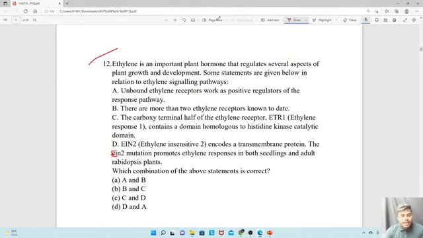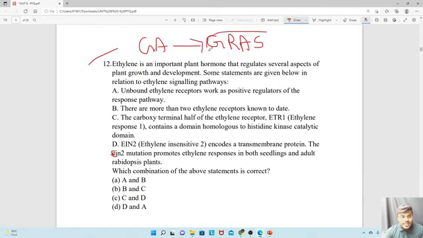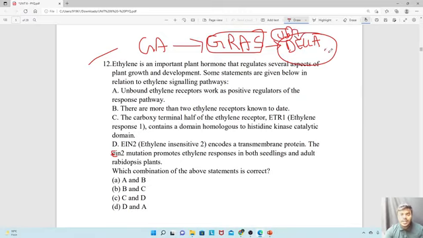Someone asked, Priya, GRAS is the protein which is activated by the gibberellic acid. Once the GRAS protein gets activated, GRAS protein will stimulate the ubiquitin system. Then ubiquitin will come and attach to the DELLA protein. Then the DELLA protein is degraded by the 26S proteasomal complex.